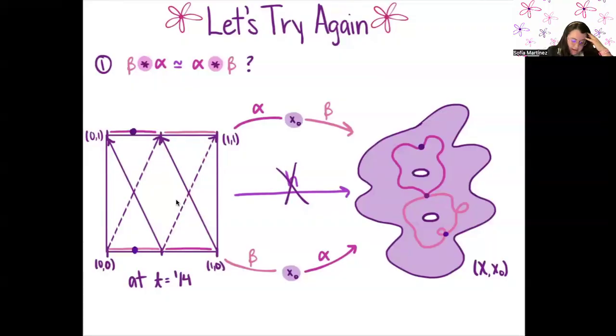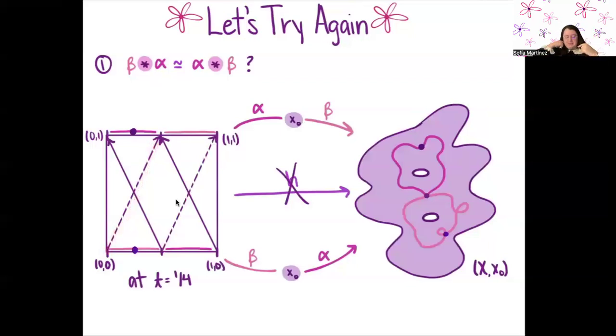If I tried to drag this tick mark across and this tick mark across, I'd have a problem because I wouldn't really be defining a function. I've already said that this tick mark is going to go here. And to define a function, I can't define one element to go two different places. I have to make a choice. Similarly here, we've already decided that this is going to go here. So how can I also decide that it's going to go there as well?